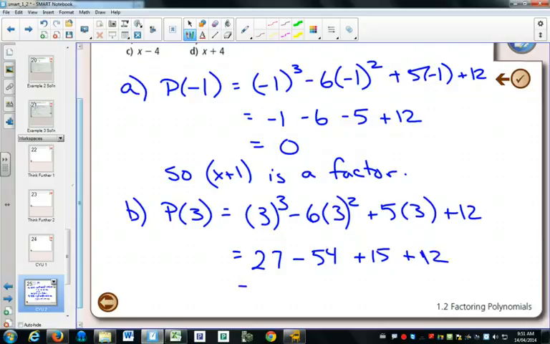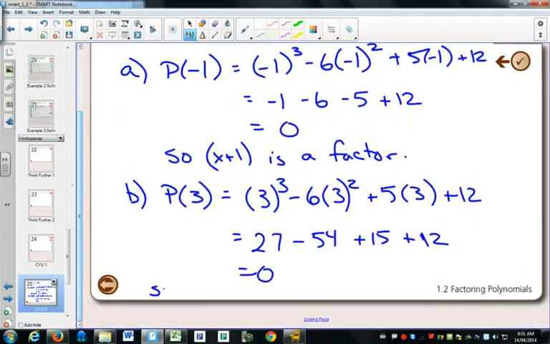And that is equal to 0. So x minus 3 is a factor. So I would like you to try those next two.